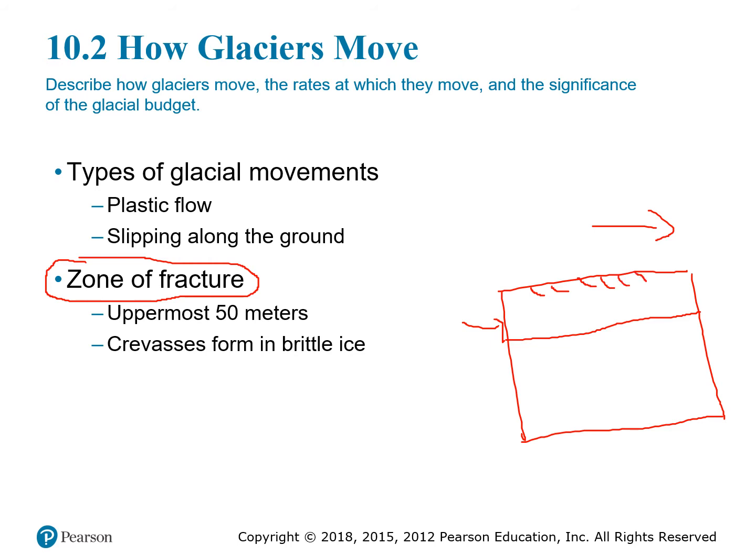We call those crevasses, and the crevasses can be as deep as 50 meters. So let's just say this is 50 meters. That's why it's dangerous to walk on top of a glacier, because this area is unstable. It's very brittle. You could fall into lower areas in this zone of fracture.